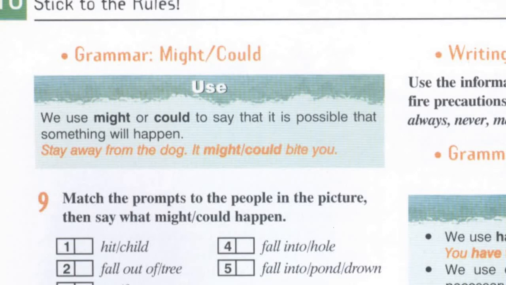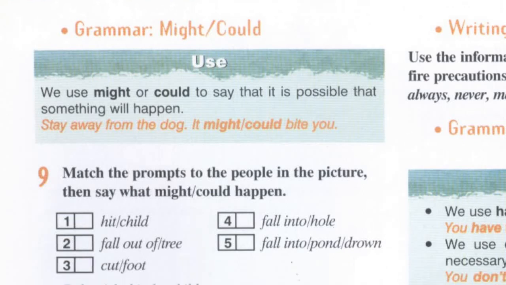Remember, these sorts of verbs are called modal verbs: might, may, can, could, shall, should, must, ought to. But here, our focus is on might and could. We use might or could to say that it is possible that something will happen. We talk about the future for possibility.